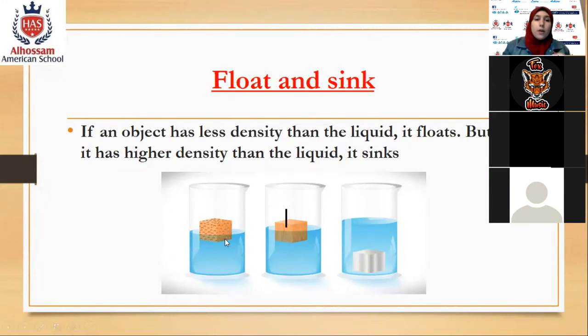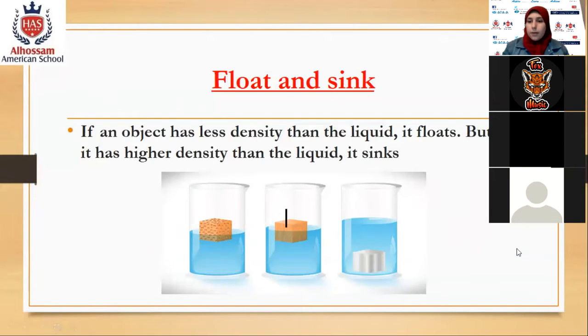Why do you look at them? They all have the same volume, same size, almost the same size, so same volume. But why do you think that they are different? Here they're floating, and here this one is sinking down in the water.